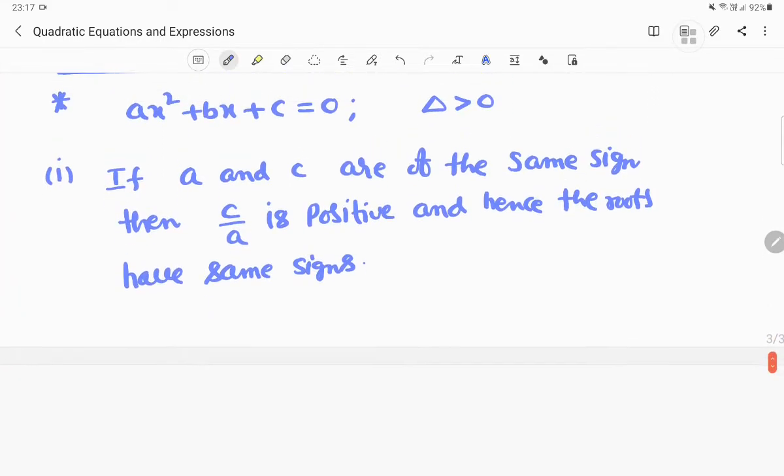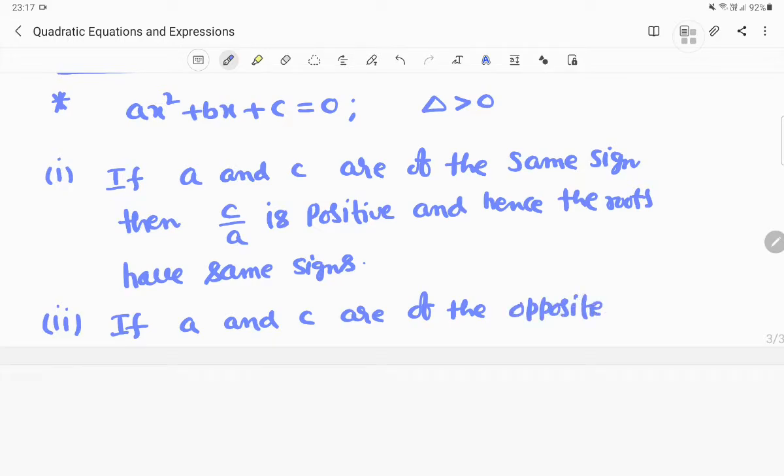Same procedure if a and c are of opposite signs. If a and c are of opposite signs, then c by a is negative.